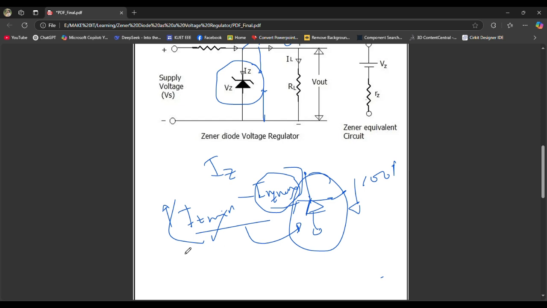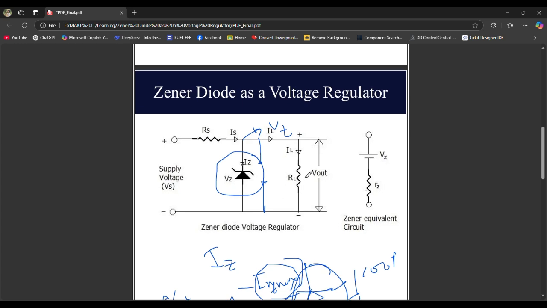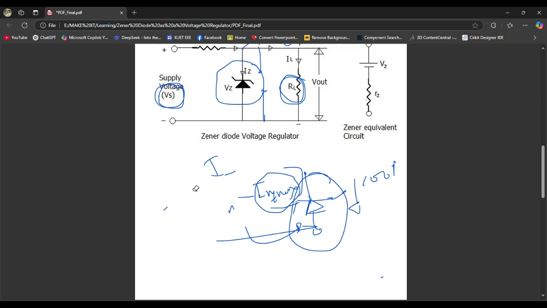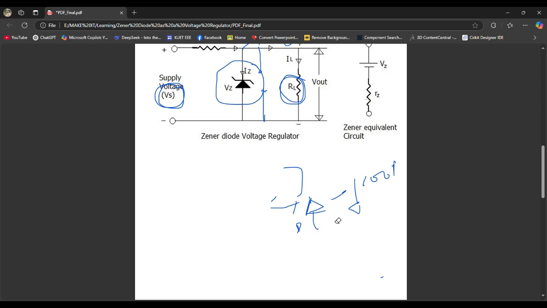So depending on this range of current, we have to find the range of the load resistance variation and the input voltage variation. So in this first case, we are maintaining the input voltage constant and varying the load resistance, right?